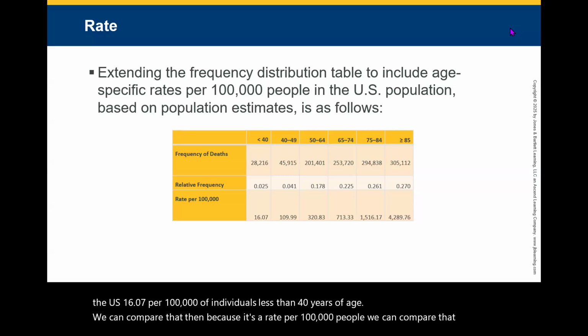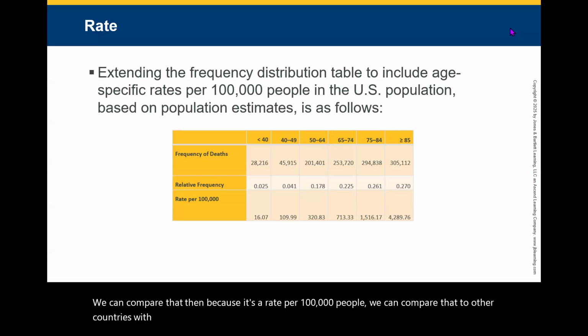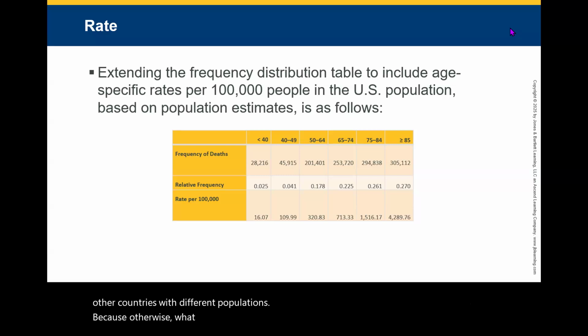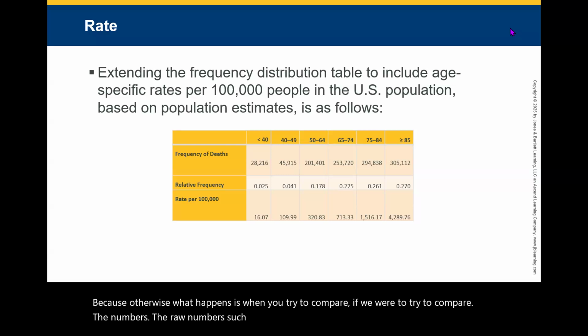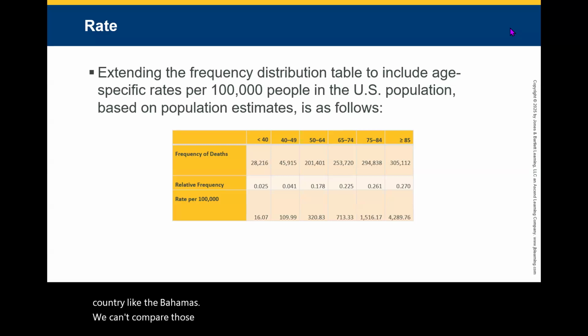countries with different populations. Because otherwise what happens is when you try to compare the raw numbers, such as 28,216 in the US to the raw numbers in a small country like the Bahamas, we can't compare those two numbers, but we can compare rates per 100,000, okay?